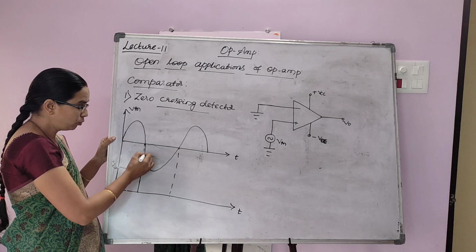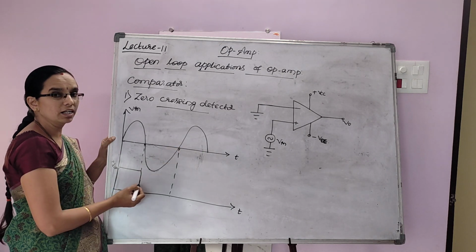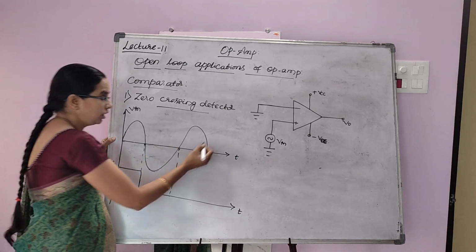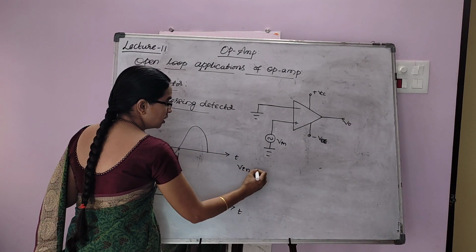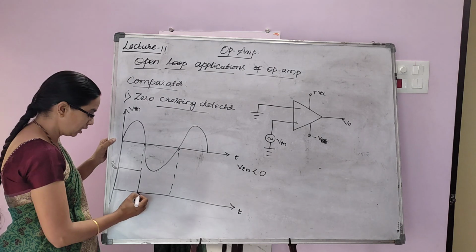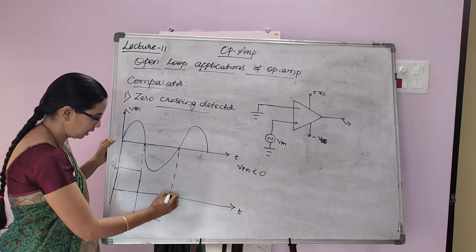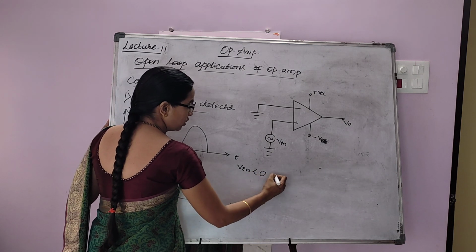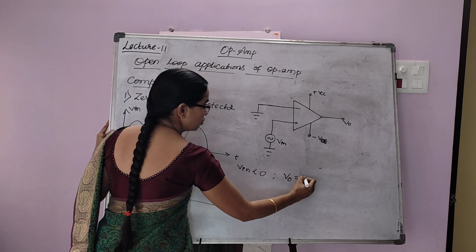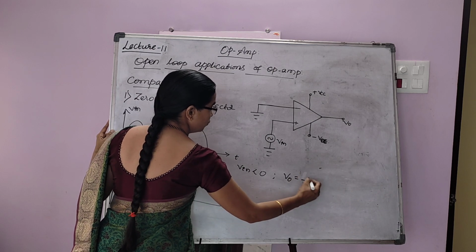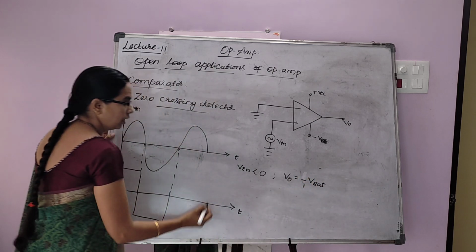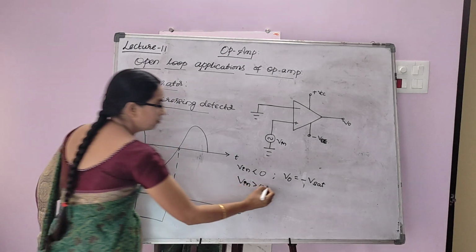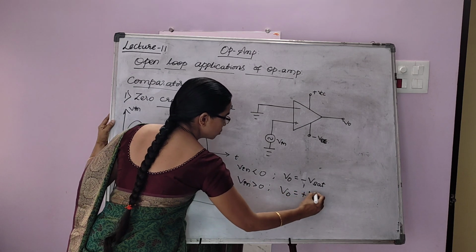If the input voltage is in the negative half cycle, having negative values, that means Vin is lesser than zero potential, at that time we will get negative saturation. If Vin is lesser than the zero potential, then V0 is equal to minus V saturation. If Vin is greater than zero potential, then V0 will be equal to plus V saturation.